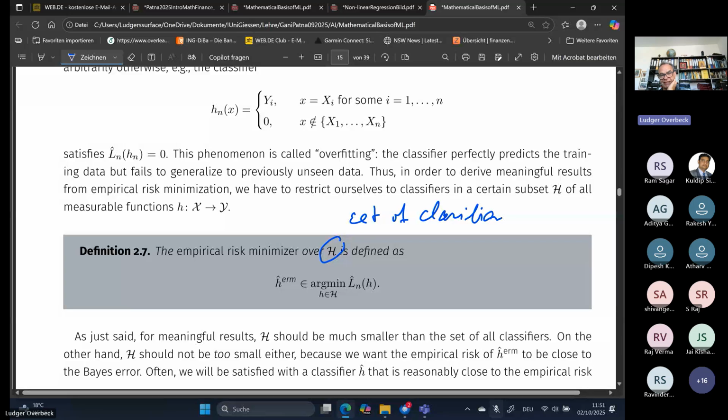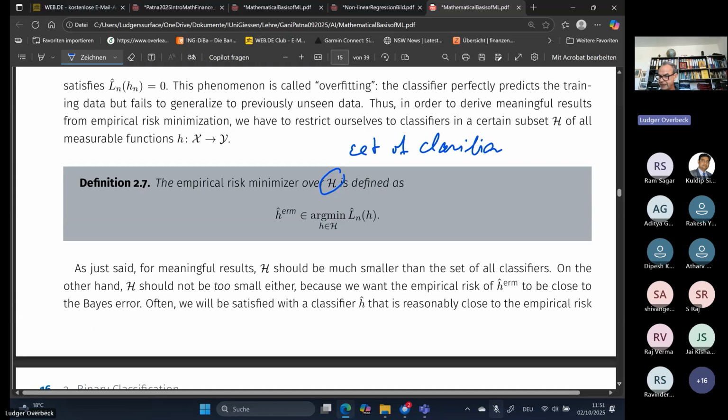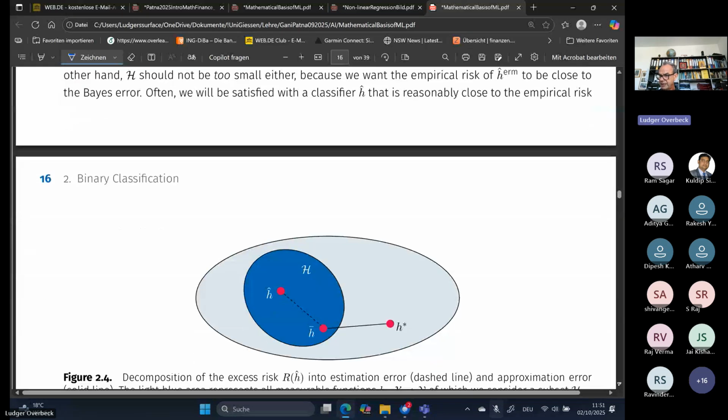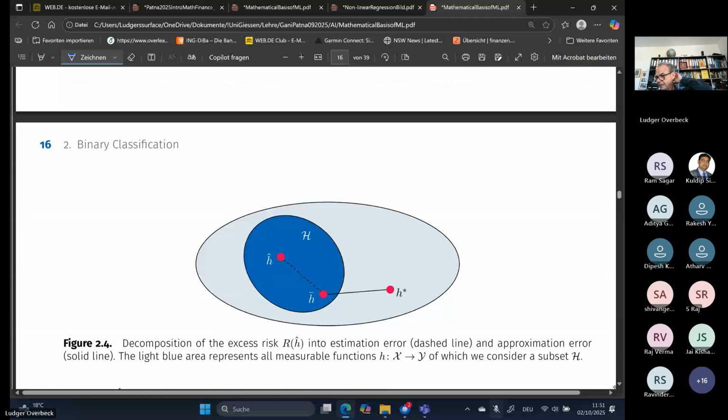But L1 is not differentiable. Okay, absolute value is not differentiable, and L2 square function is differentiable. That's all. You have to do what you know what you do, or you just do what everybody else does without knowing why. Okay. So, but this means your risk.